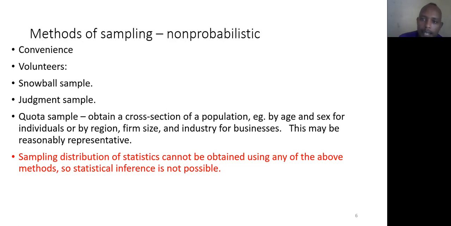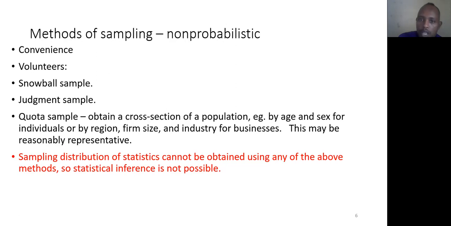Generally, regarding non-probabilistic sampling methods, it is impossible to generalize, to talk about the population by starting from the sample, or it is generally challenging to talk about the population. We can't make inferences about the population because the way that we selected our sample may be biased.